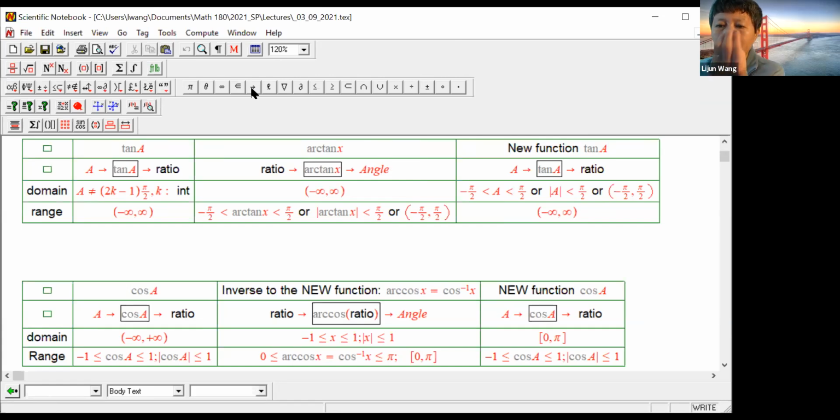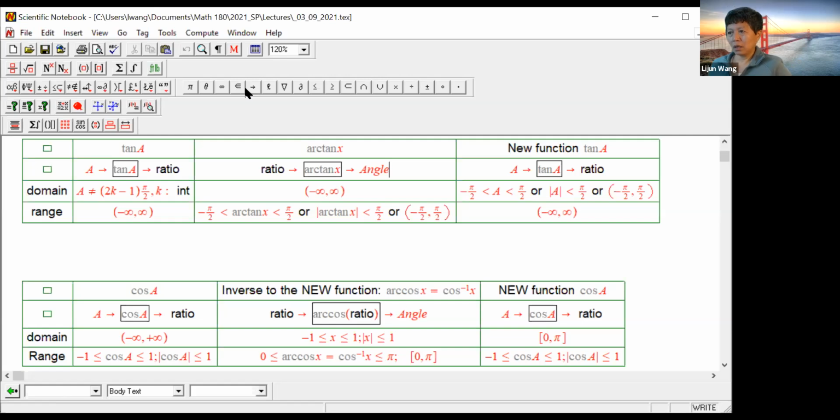That's the meaning of inverse, reversing the input and output. Some people get confused with inverse and reciprocal. They're totally different things. They're totally different animals.